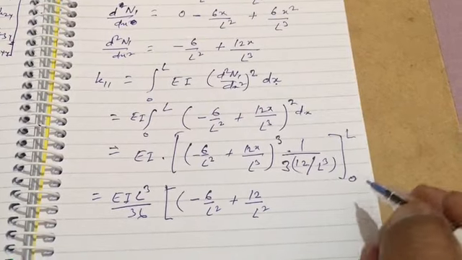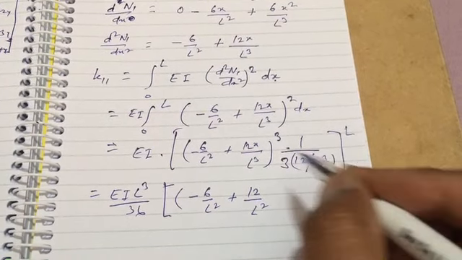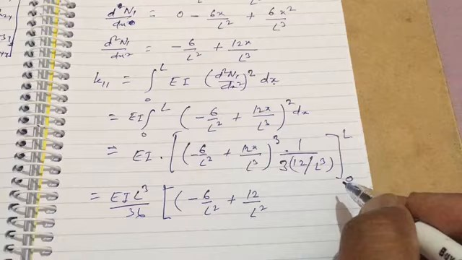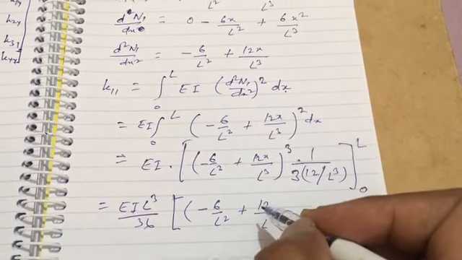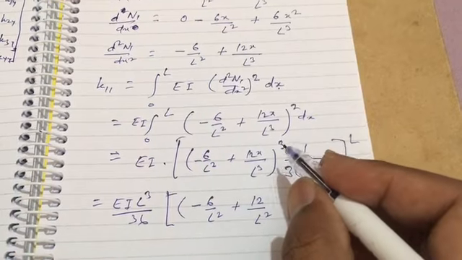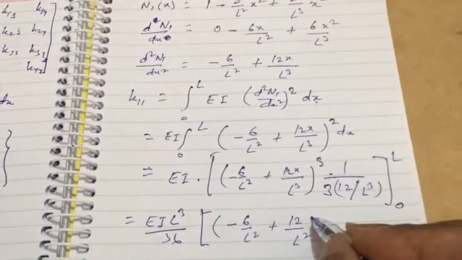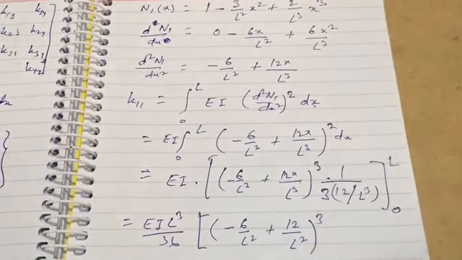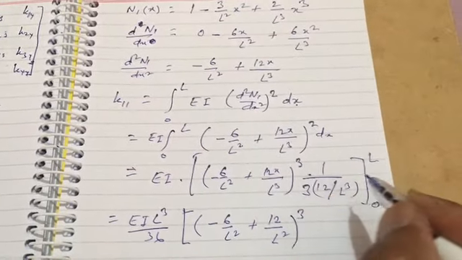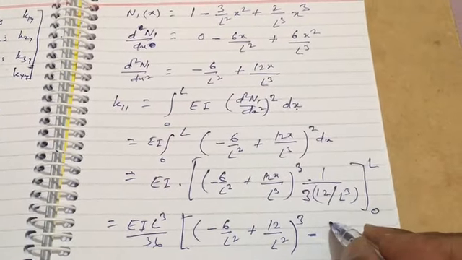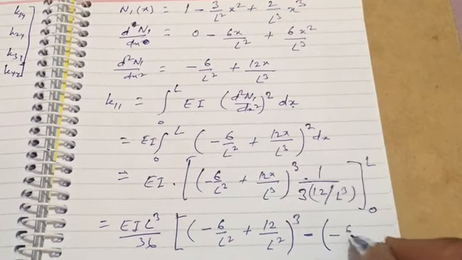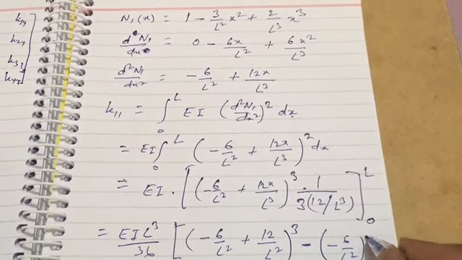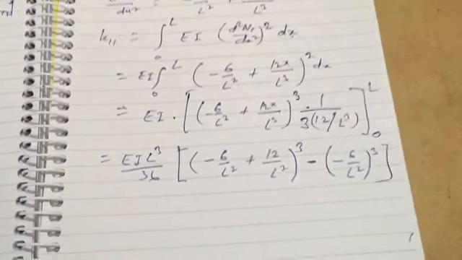And then the 0 term. If you put 0 here, then what do we have? Remember we also have to cube it. So this is the cube of it, and then minus, putting 0 here, we have minus 6 over L square, cubed.